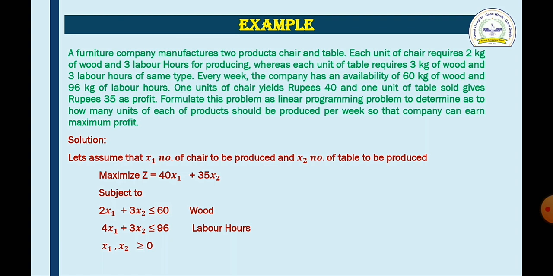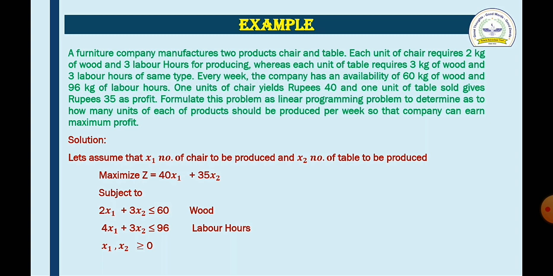So our decision variables are x1 equals number of units of chair to be produced and x2 equals number of units of table to be produced. These are our two decision variables, and the objective function is maximize Z equals 40x1 plus 35x2, where 40 and 35 are profit coefficients, and subject to linear constraints.